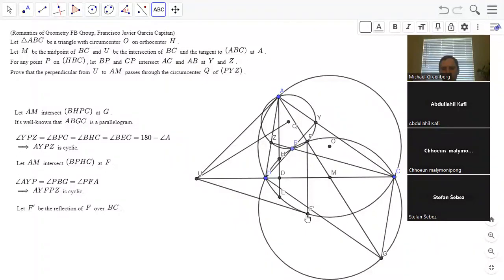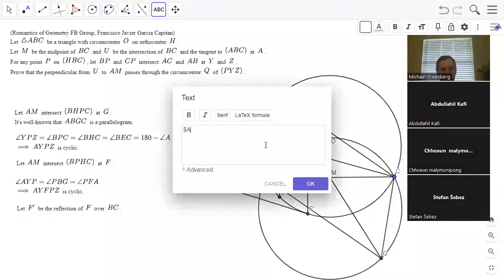Oh, I guess it's well known that that's a symmedian. So then this is harmonic, okay, so AF prime is a symmedian.